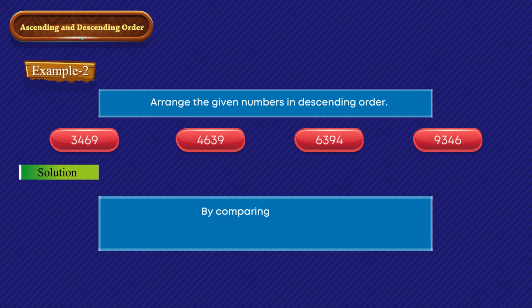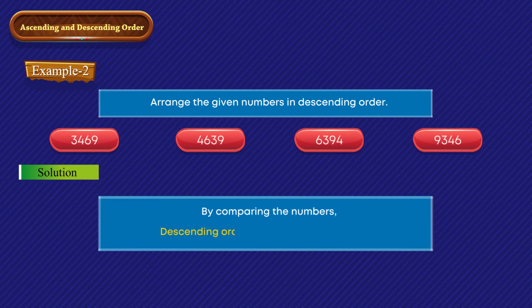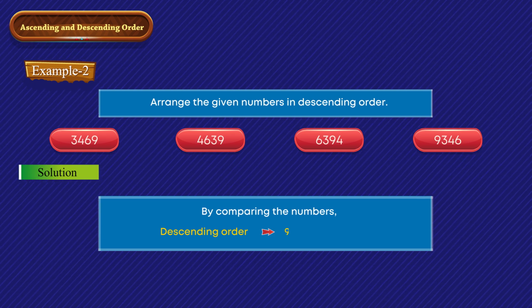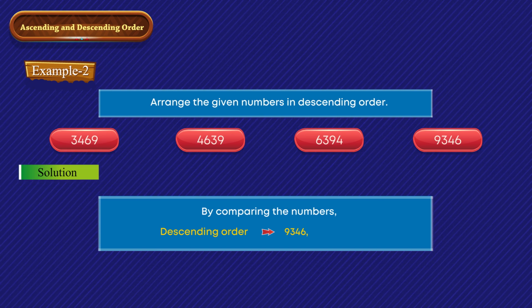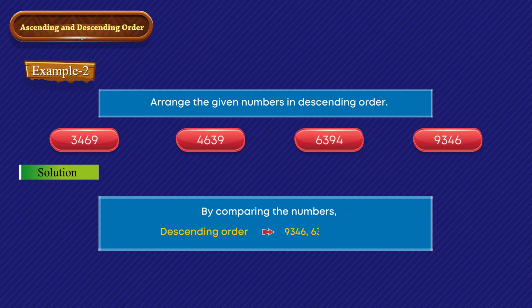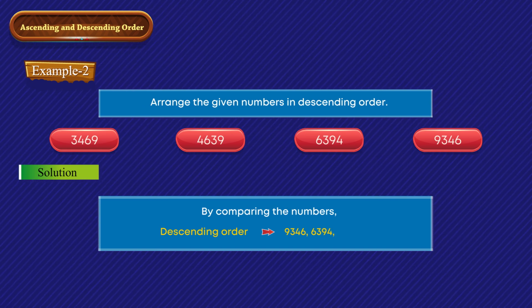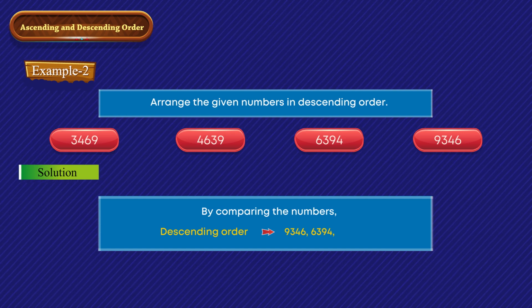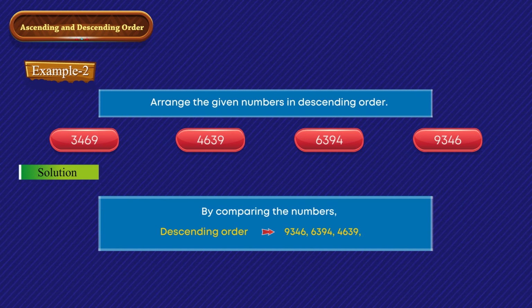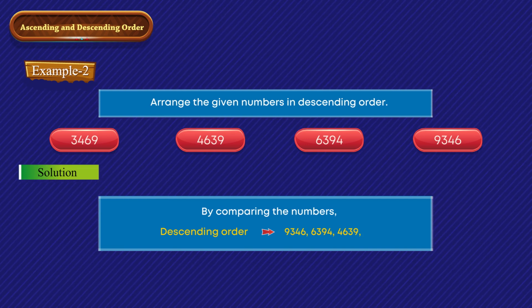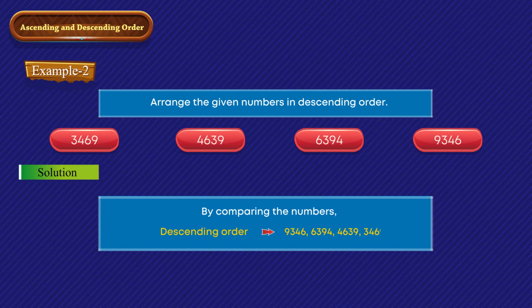Solution. By comparing the numbers, descending order. 9346, 6394, 4639, 3469.